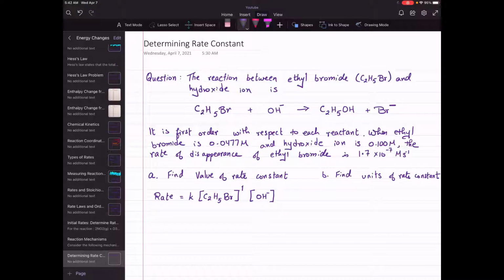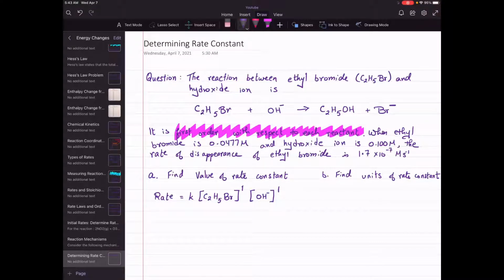It says right here, first order with respect to each reactant, right? So it's to the power 1 and to the power 1. So we have our initial rate law.